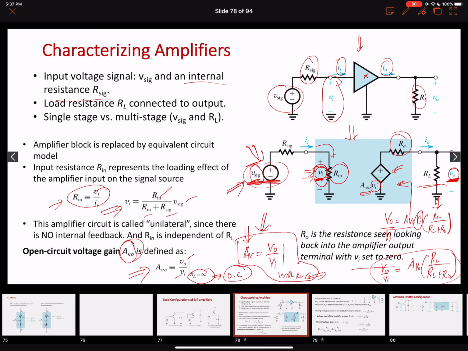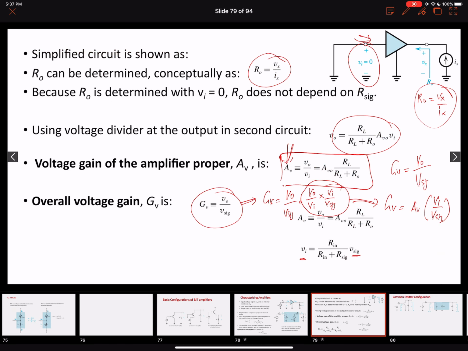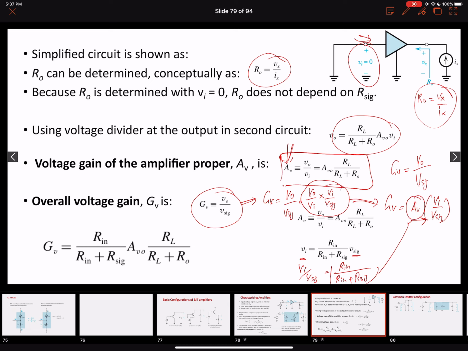It's a voltage divider at the input of the amplifier. We can easily find this by taking the ratio: Vi over V signal is Ri over Ri plus R signal. So we take this value and put it over here. Our overall voltage gain comes out to be this. What is Av?